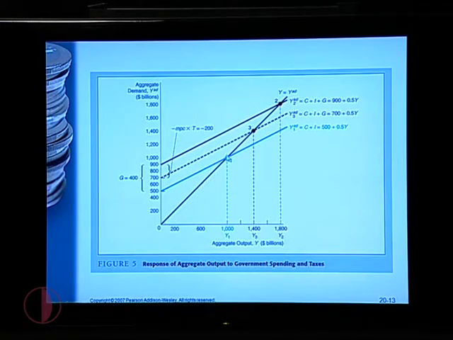At point 1, it increases from 1000 to 1800. But after the imposition of the tax of minus 200, it decreases from Y2 to Y3, to 1400.